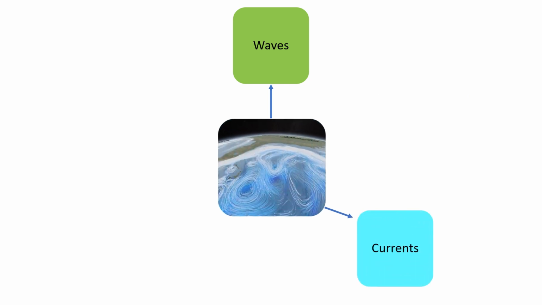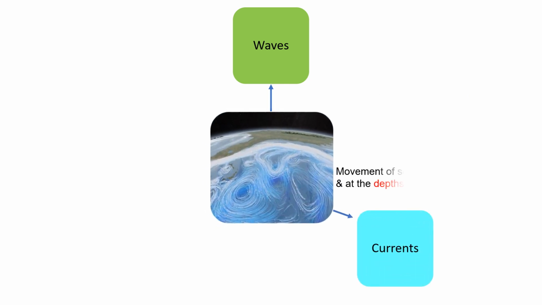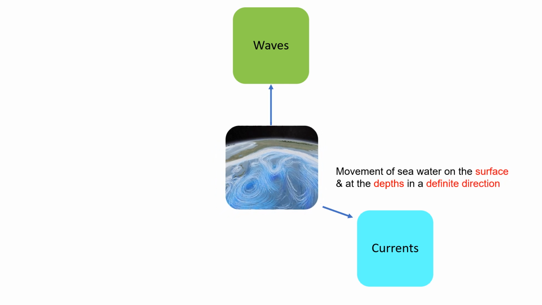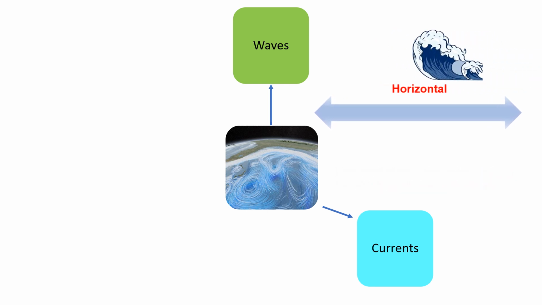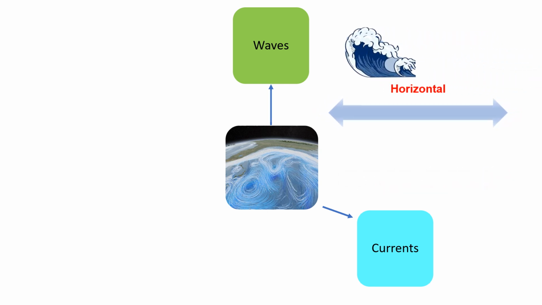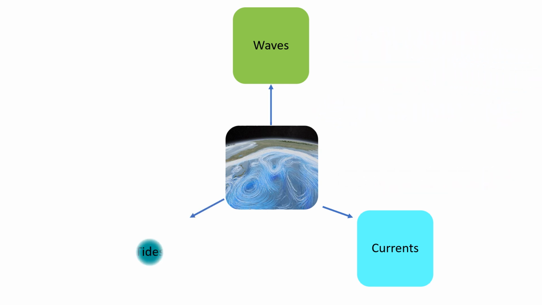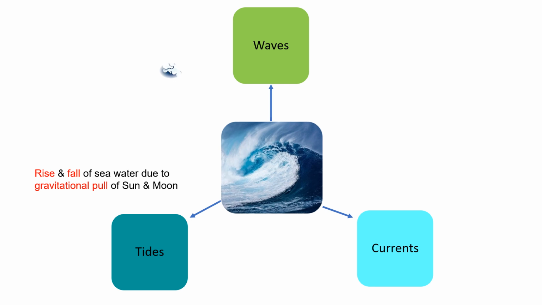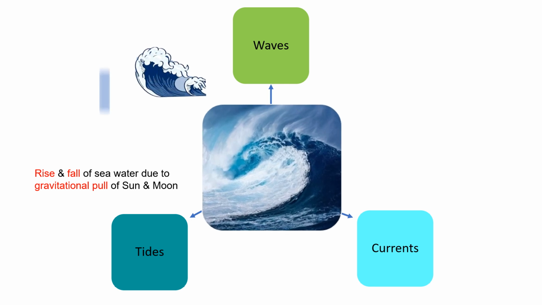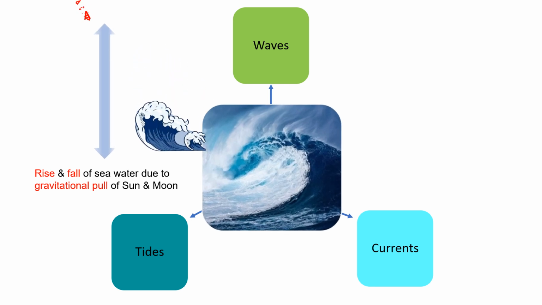The movement of ocean water on the surface and at the depths of oceans in a definite direction, which is usually horizontal, is called ocean currents. Thirdly, tides. The vertical movement of ocean waters due to the gravitational pull of the sun and moon is called tides.